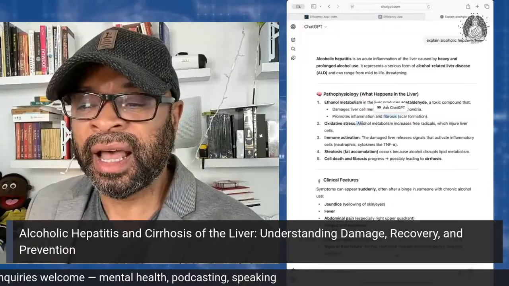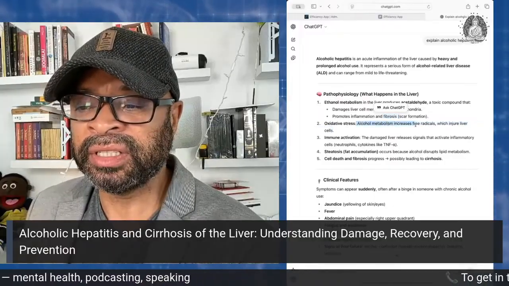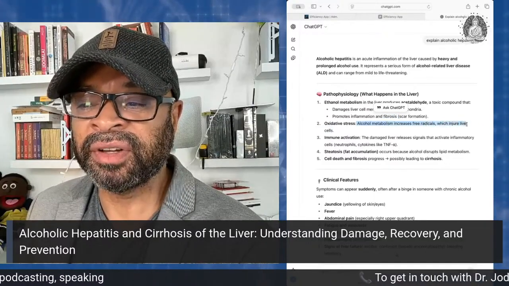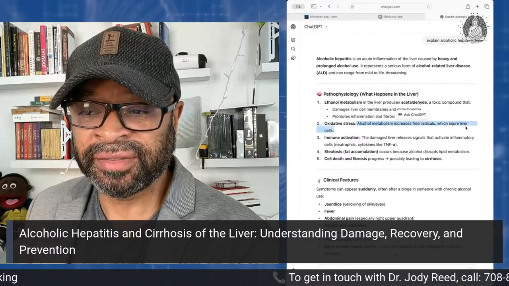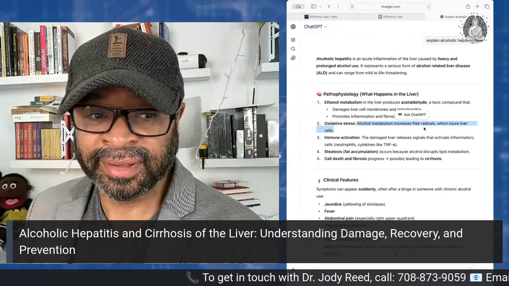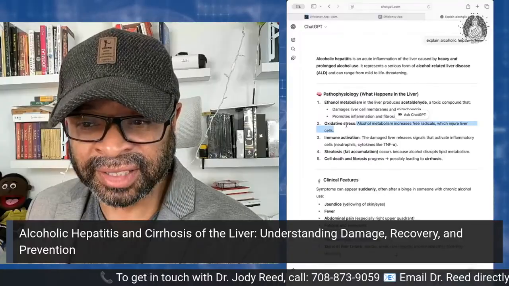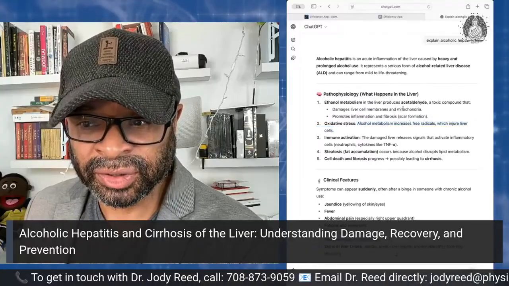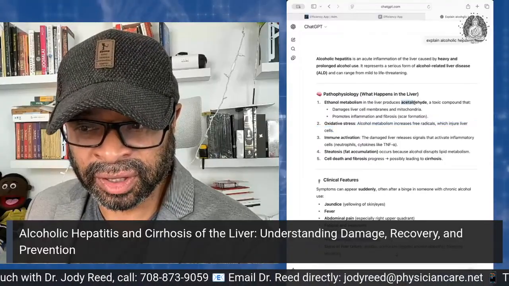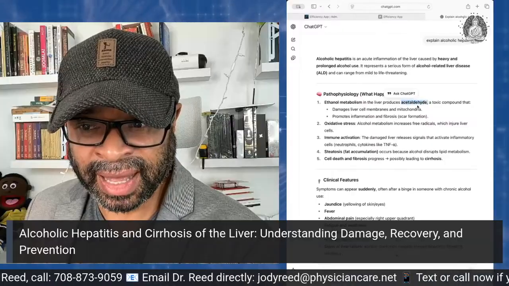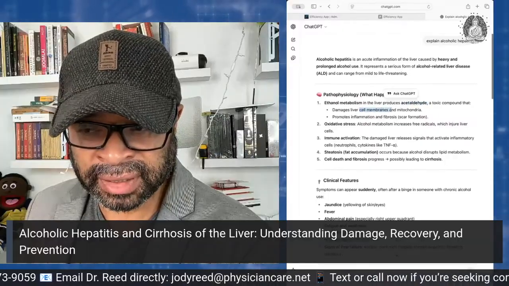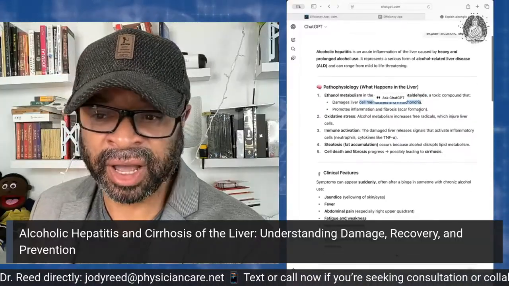Oxidative stress: alcohol metabolism increases free radicals, which injure liver cells. So first, alcohol causes buildup of acetaldehyde, which damages the cell membranes and mitochondria.